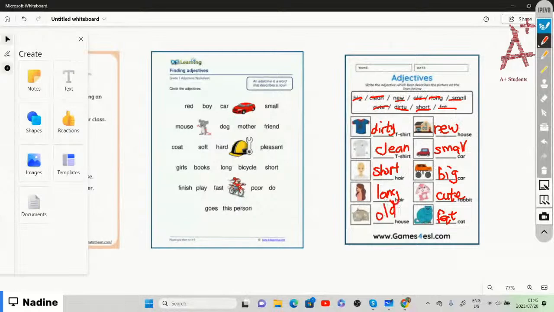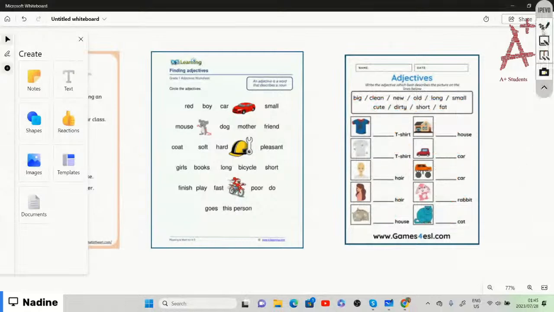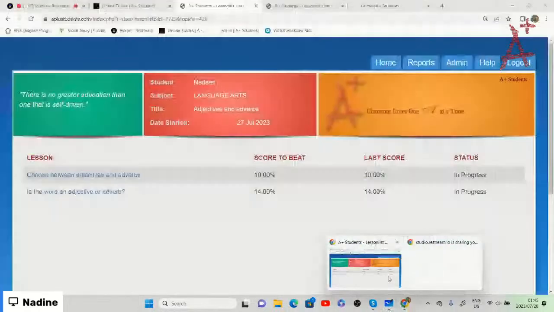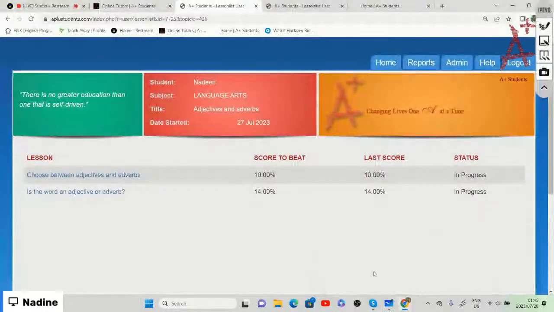So these are words that describe the noun, right? And words that either describe or modify a noun, we call them adjectives, and words that describe or modify a verb, an adjective, or another adverb, those are adverbs.